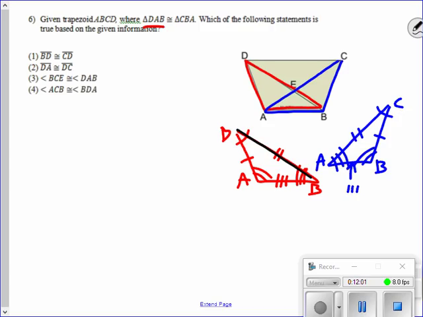So B to D is not the same thing as C to D. DA is not the same thing as DC. BCE doesn't correspond to DAB. So ACB, which is here, has to correspond to BDA, which is there. Okay, so that just gives us an idea of what a multiple choice question would look like.